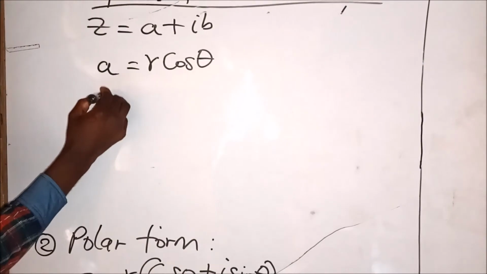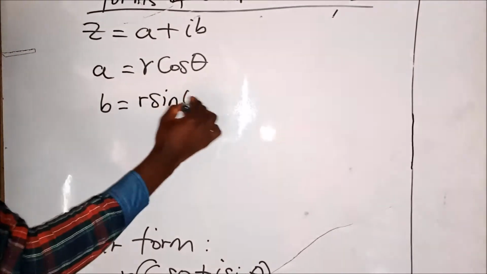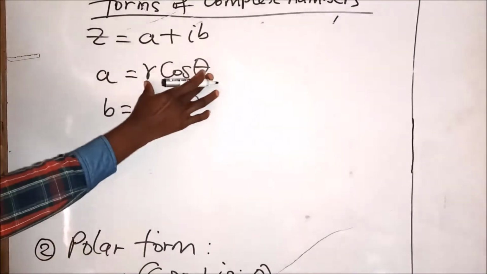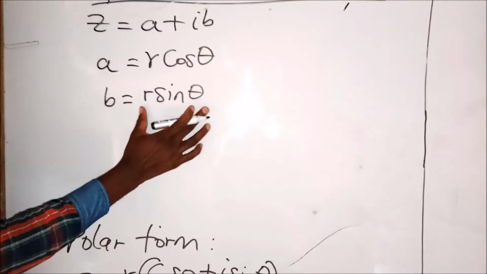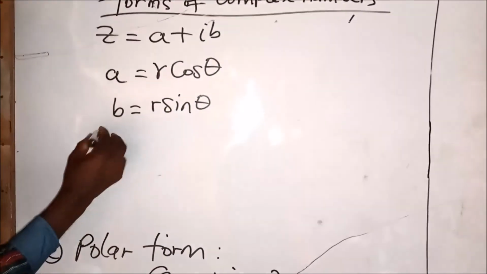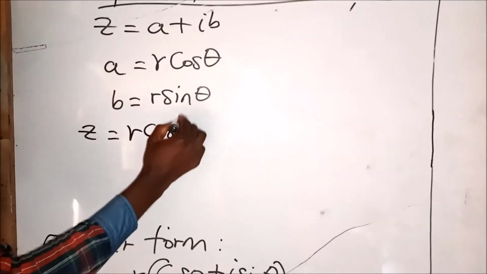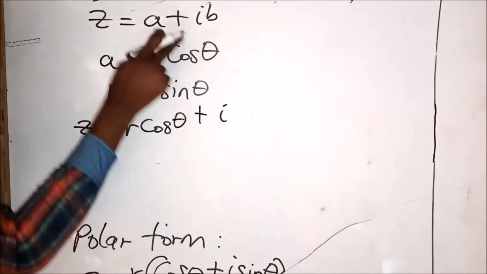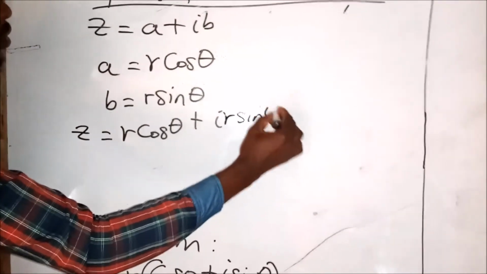So we have that our b is given as r sin theta, because this serves as the real part, while this serves as the imaginary part. When we substitute this for a and this for b, we're going to have that z is equal to r cos theta plus i, then b will now be r sin theta.